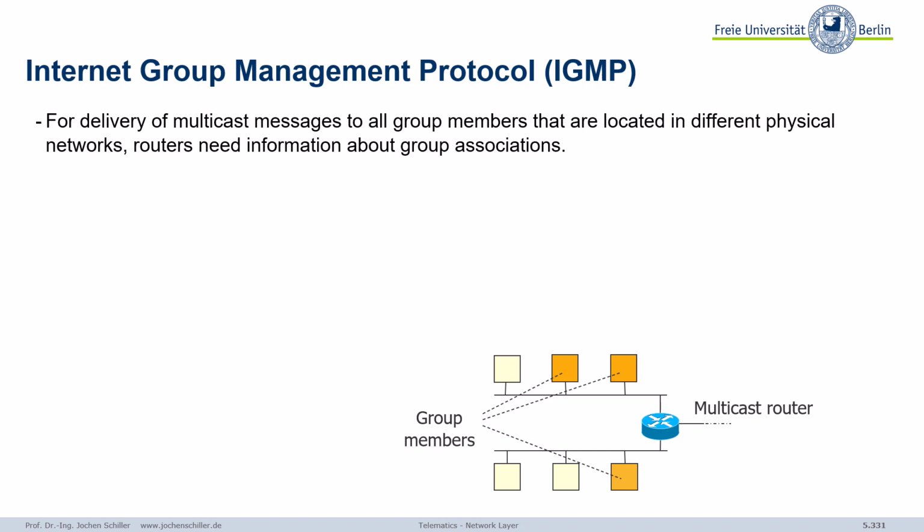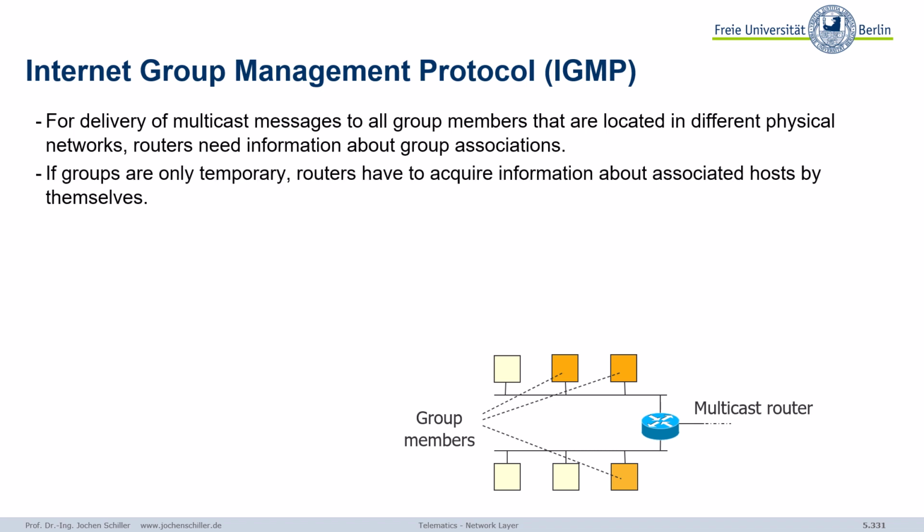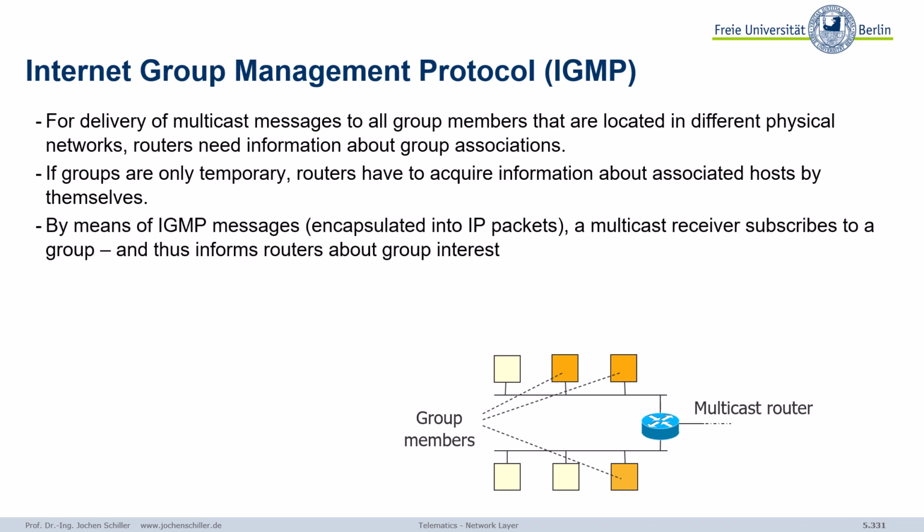Okay, so the router has to know who is actually receiving some multicast traffic. So the router has to know something about the group associations, and typically the multicast groups are only temporary, so the routers have to acquire this information somehow. And that's exactly where we have these IGMP and MLD messages.